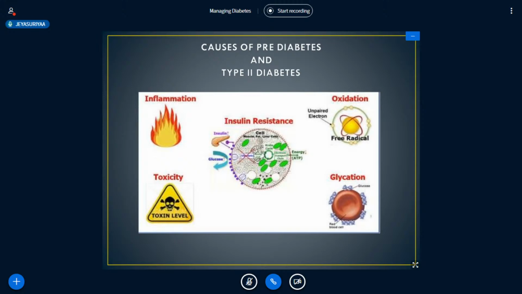Instead of moving into our cells where it's needed for energy, sugar builds up in the bloodstream itself. Exactly why this happens is uncertain, although it's believed that genetic and environmental factors play a key role in the development of type 2 diabetes too. Being overweight is strongly linked to the development of type 2 diabetes, but not everyone with type 2 diabetes is overweight.